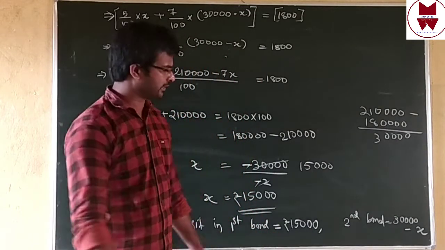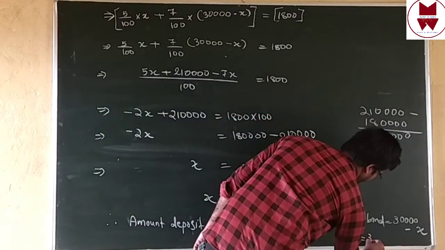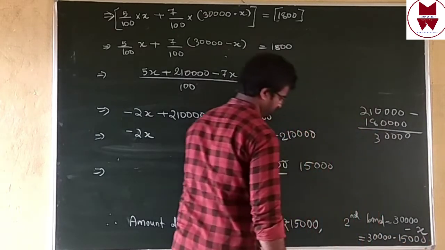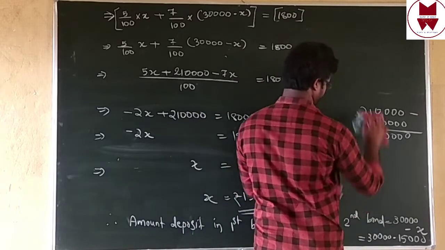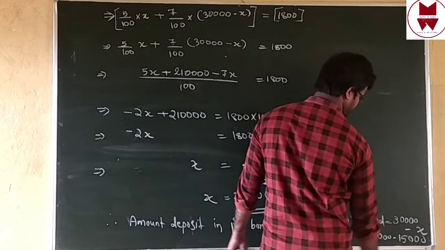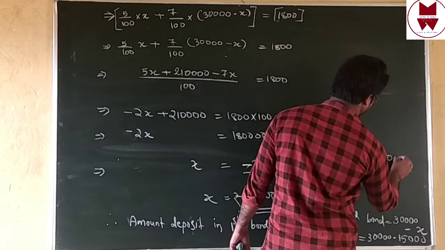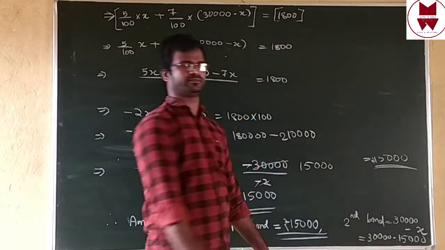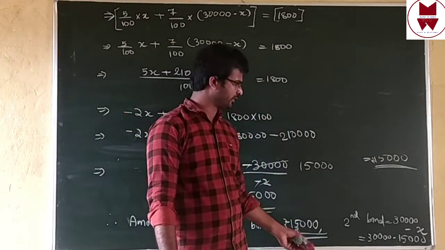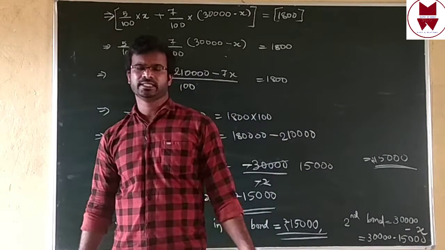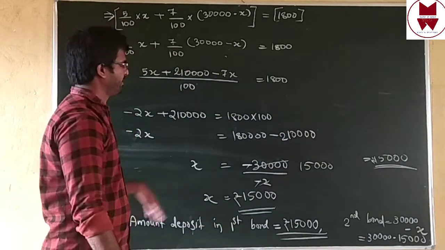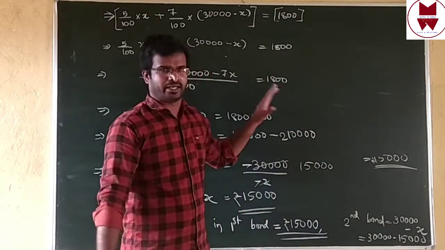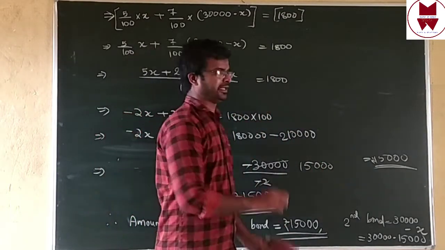Already we have written 30,000 minus X equal to 30,000 minus 15,000. What will we get as the answer? 30,000 minus 15,000 is 15,000. So, the answer: in the first bond, we are going to deposit 15,000. In the second bond also, we are going to deposit 15,000. At that time, the per annum income is 1,800. That is our answer in the first question.